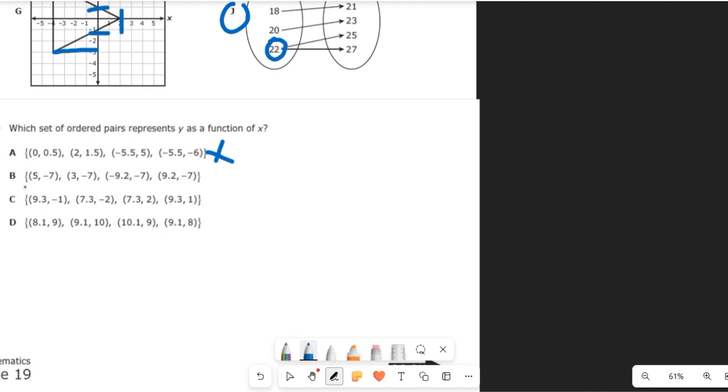Now let's look at the next option. We have 5 giving us -7, 3 giving us -7, 9 giving us -7, and 9.2 giving us -7. Now we see that all the values of y are the same with different values of x.